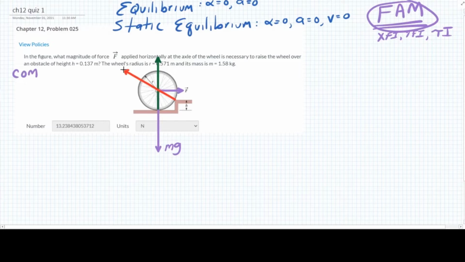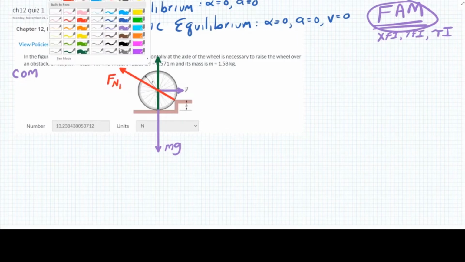Okay. Let me just tweak this. I think that's it. So let me label it. This is a normal force. I'll call it just normal force number one. And remember what a normal force is.